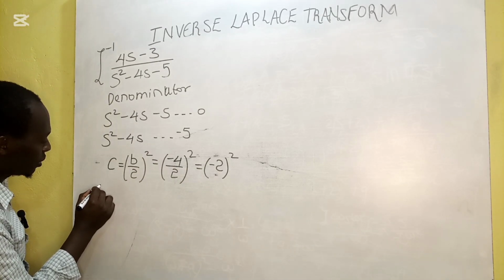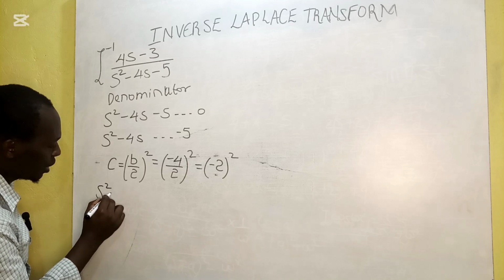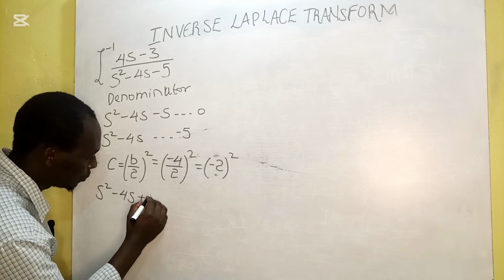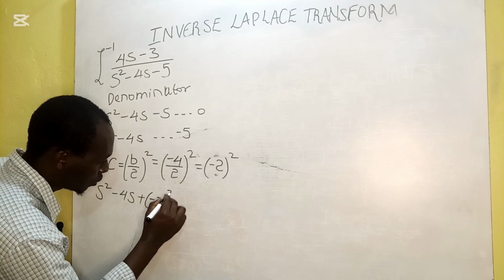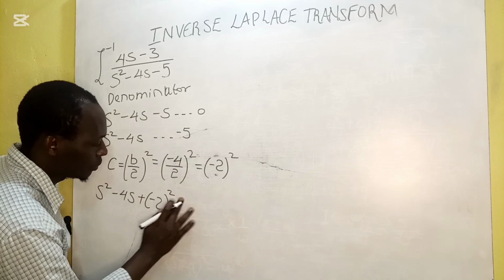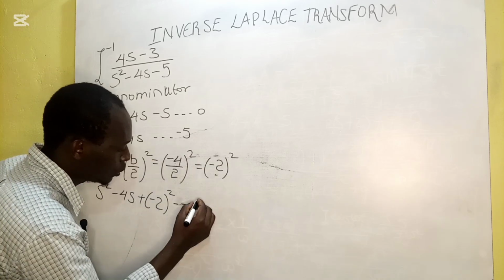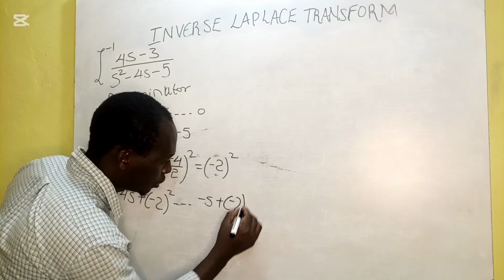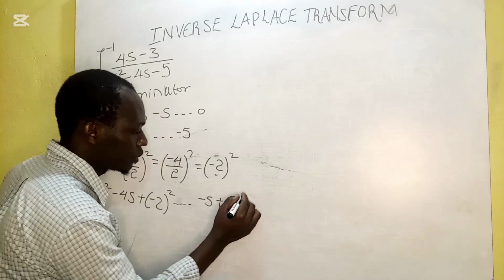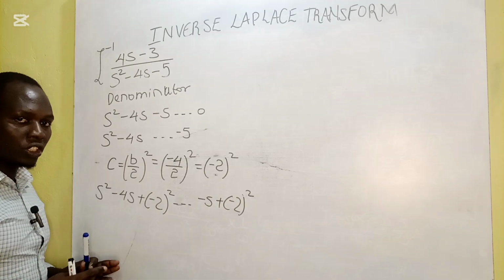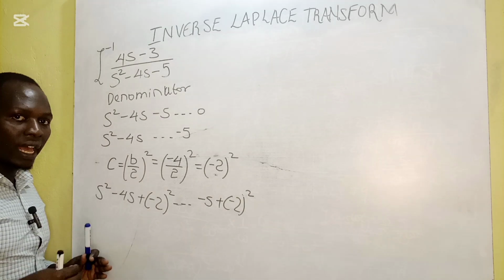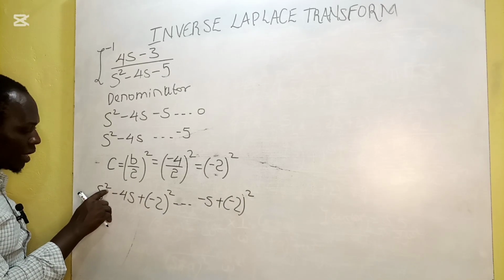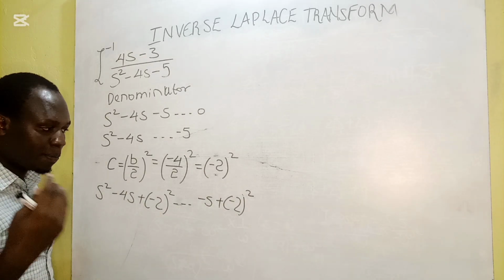We can now rewrite everything and say s squared, we subtract 4s, we add negative 2 squared, is equal to negative 5, we add negative 2, everything squared. From this point now, we collect the like terms. And by the like terms, this is what I mean. When you check here, we are having the terms of power of 2.